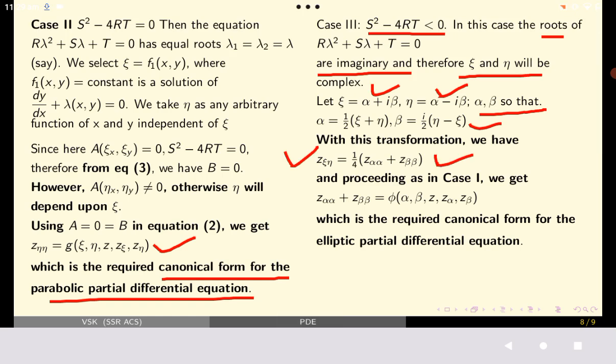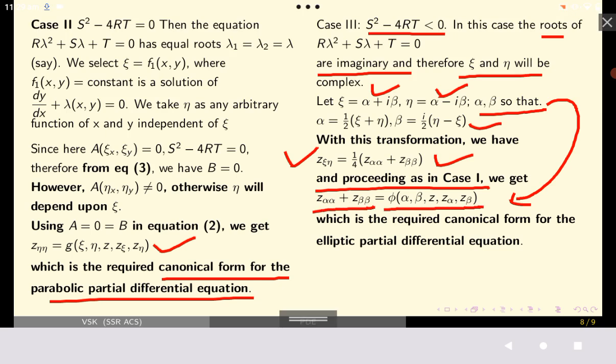Which we can verify very easily, and you can directly write, using this, wherever it is required to solve. And proceeding in this case, we have z alpha alpha plus z beta beta is equal to phi of alpha, beta, z, z alpha, z beta, which is the required canonical form for the elliptic partial differential equation.